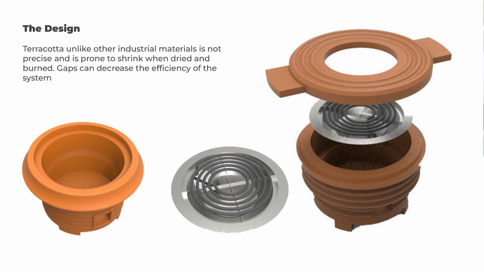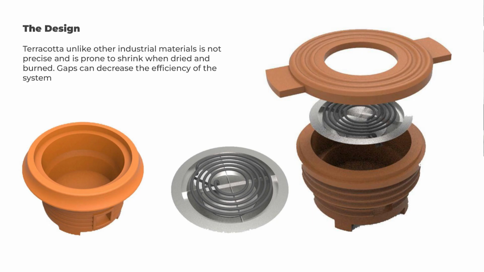Also, our initial prototypes were being made like the mud cookstoves, mud chulhas, which are very thick, made of a very thick layer of mud, like 2 to 3 inches thick, and our terracotta layer was only about 1 inch thick. So the heat was still leaking.